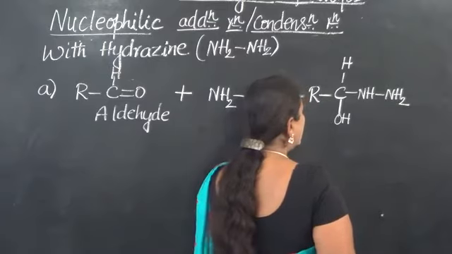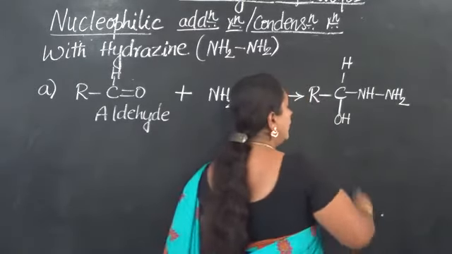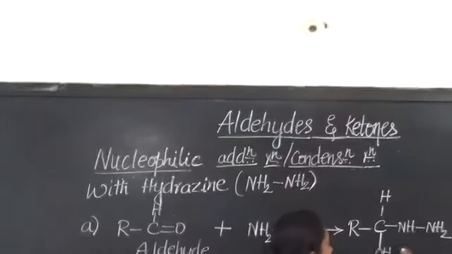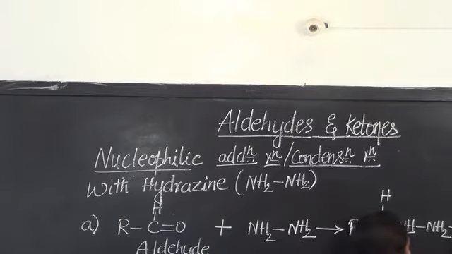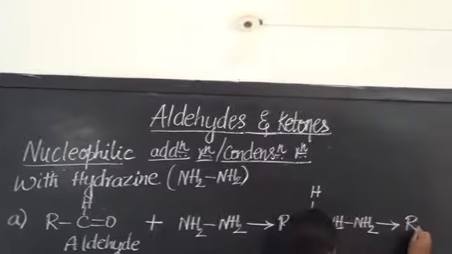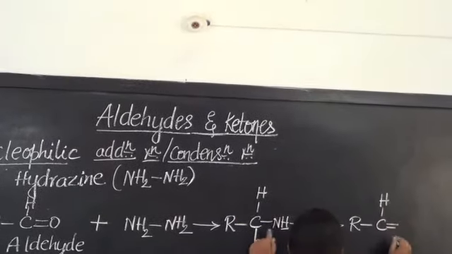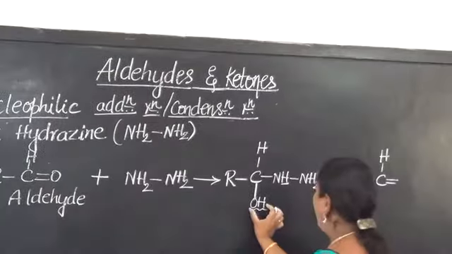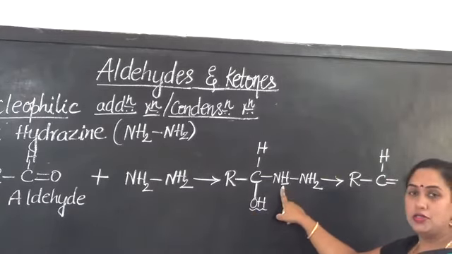Now this will undergo condensation. That means a water molecule will be eliminated, OH from here and H from this nitrogen. So therefore we have the product as R single bond C as it is, above H. Now it will be linked with a double bond to nitrogen because OH from here is getting eliminated and H from here is also going out.